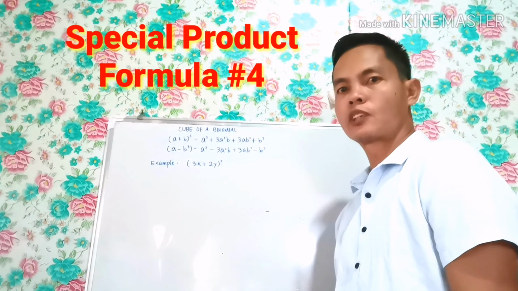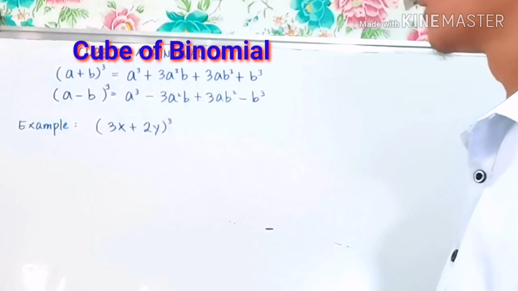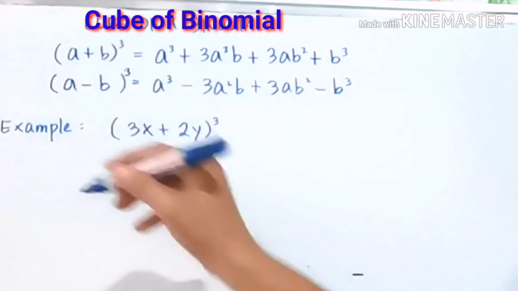Example: if we have to simplify or evaluate the cube of 3x plus 2y, let us use the first formula.